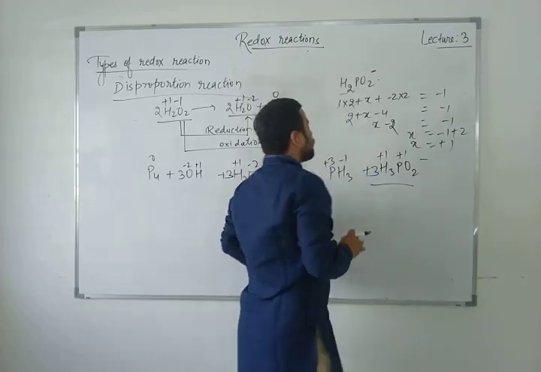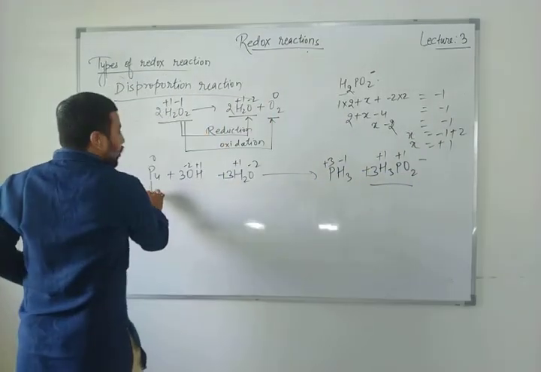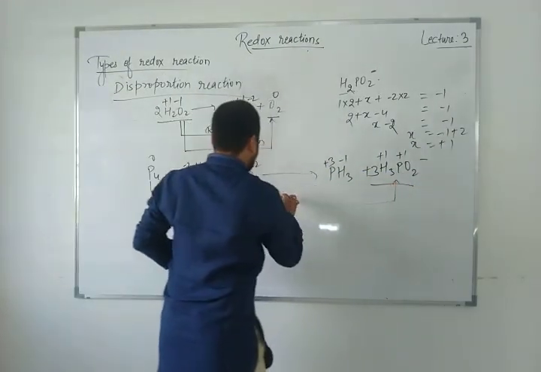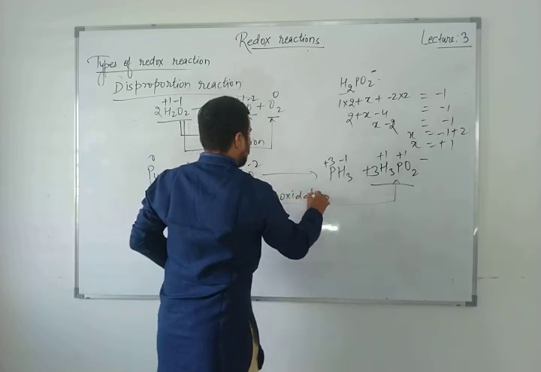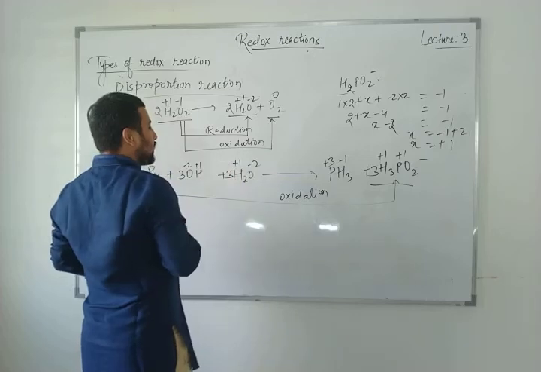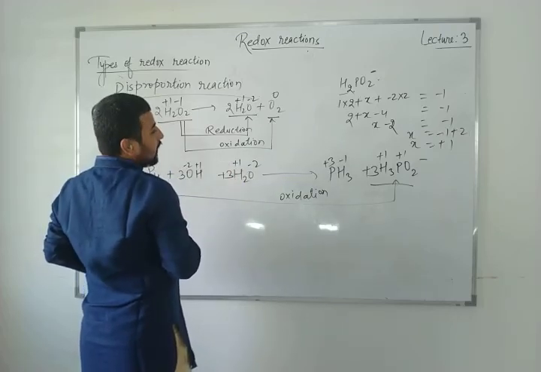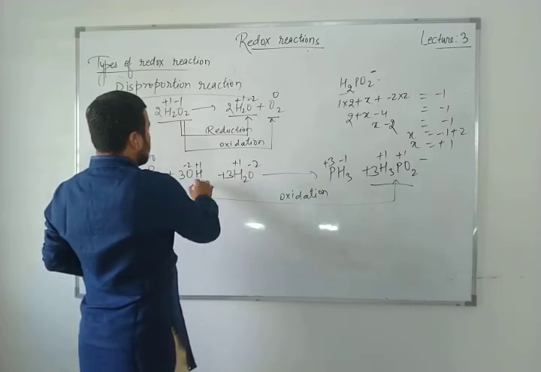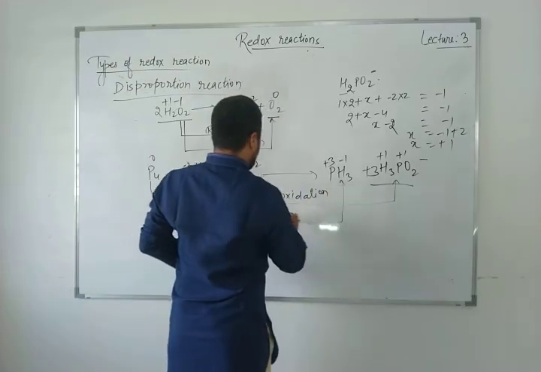So phosphorus exists in plus 1. From 0 to plus 1 is oxidation. Hydrogen, plus 1 to minus 1, is reduction.